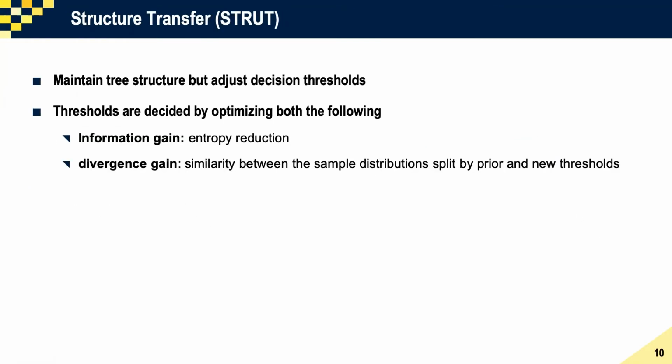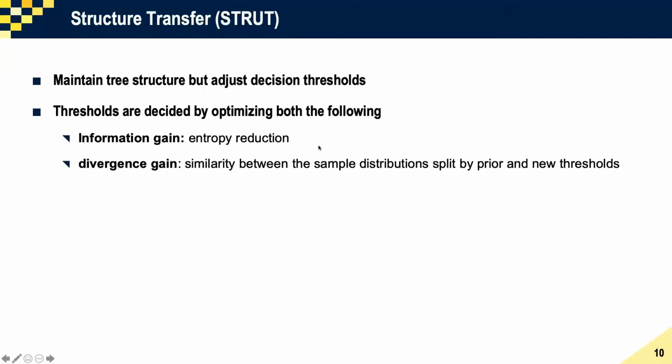Different from STER, which changes the tree structure and maintains the existing decision thresholds, STRUT maintains the prior DT structure and adjusts the decision threshold at each node. One important metric to reselect the splitting threshold is the information gain, which indicates the entropy reduction.